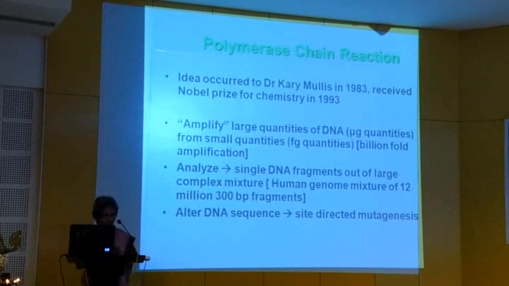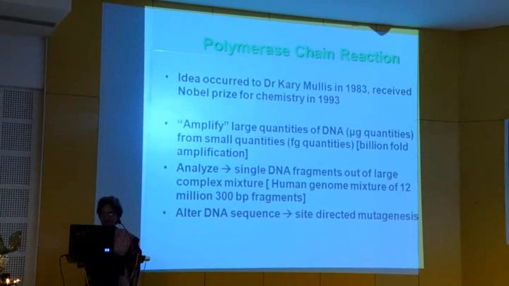So what is PCR? I thought I'll just briefly tell you. The idea occurred to Dr. Kary Mullis in 1983, who received a Nobel Prize for chemistry in 1993. PCR is simply amplifying bits of DNA, so that large quantities of DNA are produced from a small quantity.